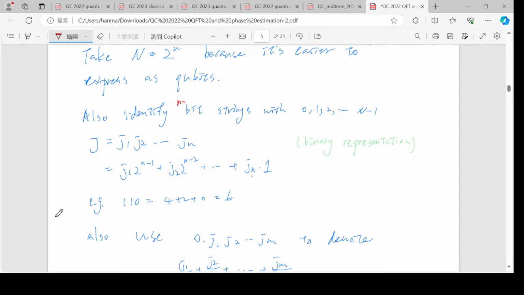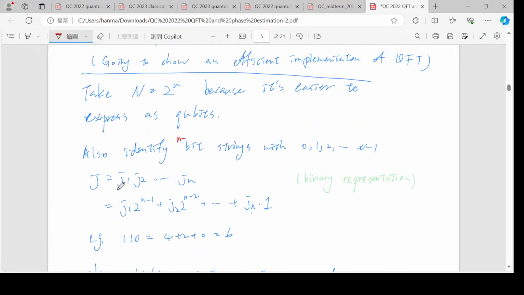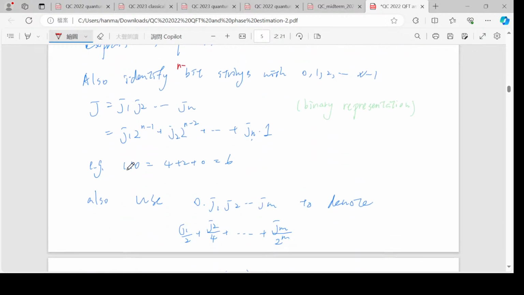For example, take the binary string 110. Here J1 equals 1, J2 equals 1, and J3 equals 0, and n equals 3.